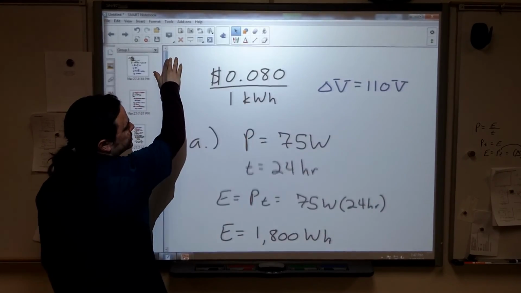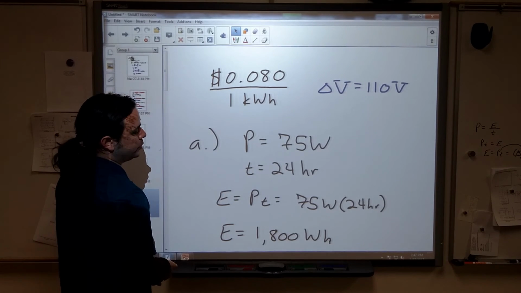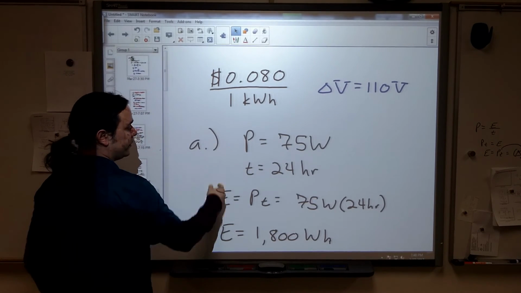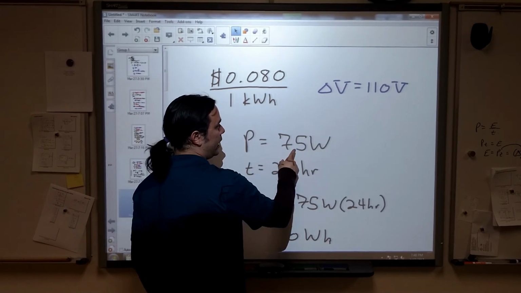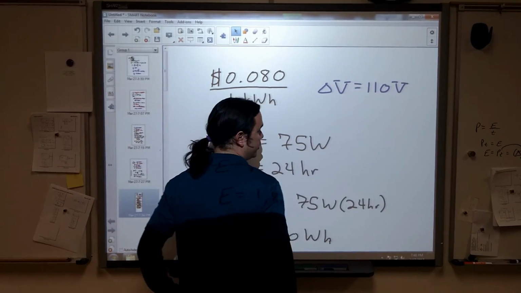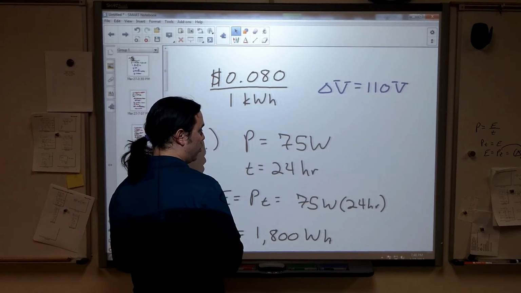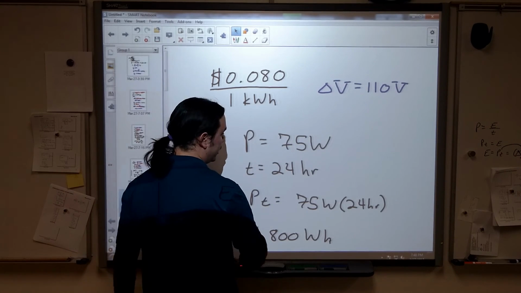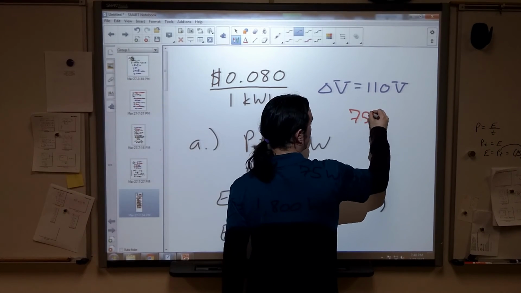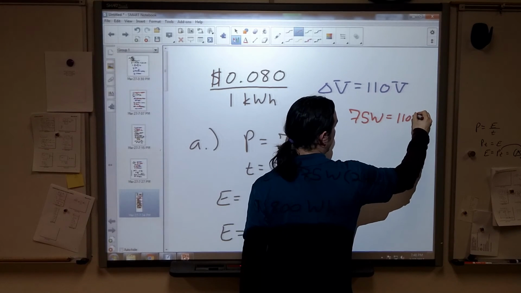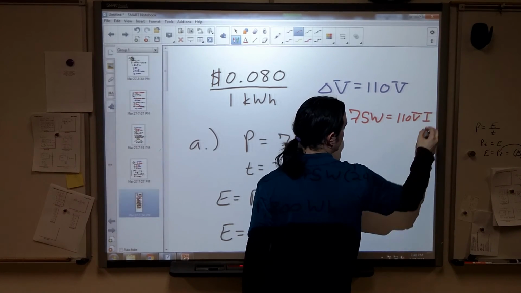One final thing that I'll bring up is this. On the very first one, you don't have to do this, but it doesn't hurt to think about it. If we've got the stereo plugged in to the wall potential difference of 110 volts, and the power is 75 watts, we could actually find that 75 watts equals 110 volts times the current.